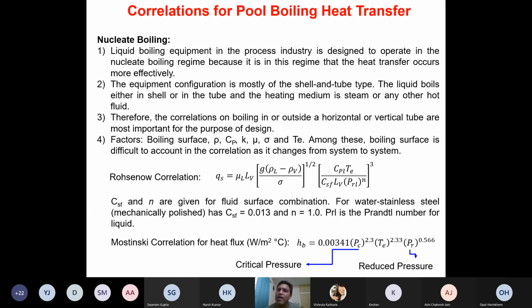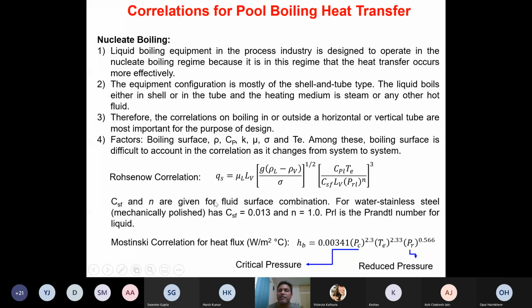So there are different correlations given. One of the most widely used correlations is given by Rohsenow. The correlation given by Rohsenow is as shown here. QS, which is nothing but the boiling heat flux in the nucleate boiling regime.